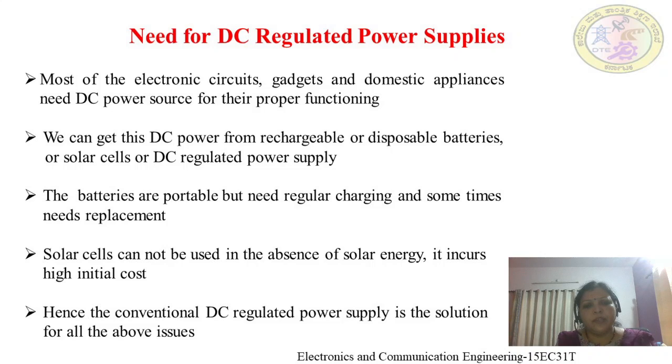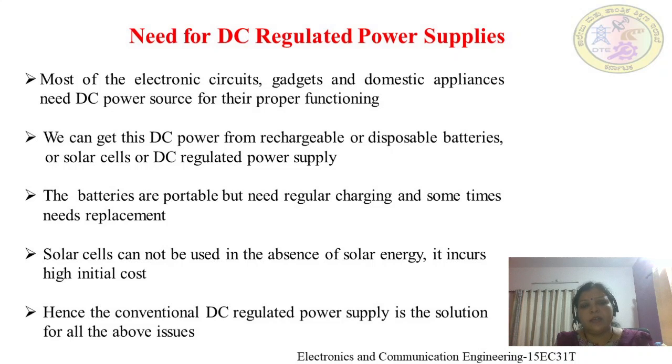Some of them we find rechargeable, meaning we need to charge them on a regular basis at certain intervals. When the battery gets completely discharged, we need to recharge it. Some batteries are disposable: once the complete energy is utilized, the battery becomes unusable, so we have to dispose of it.